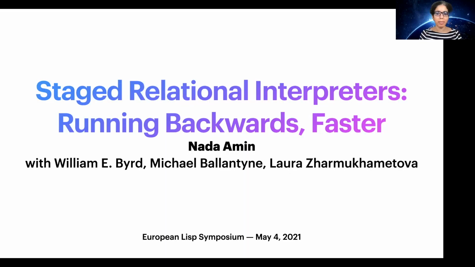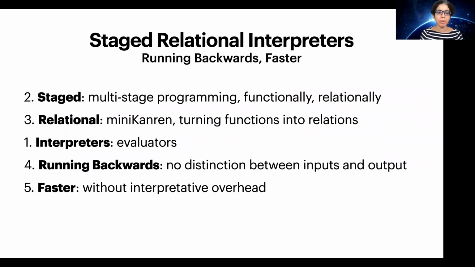Okay, so running backwards faster with staged relational interpreters, that's what we've seen today. And just to recap, staged means multi-stage programming, and we can do it functionally. And here, as something new, we do it relationally. And relational is exemplified by the language miniKanren. And by running an interpreter inside of a relational setting, we can turn functions into relations.